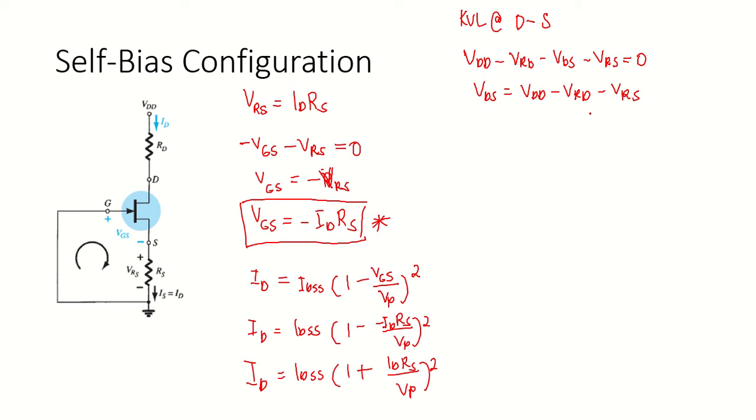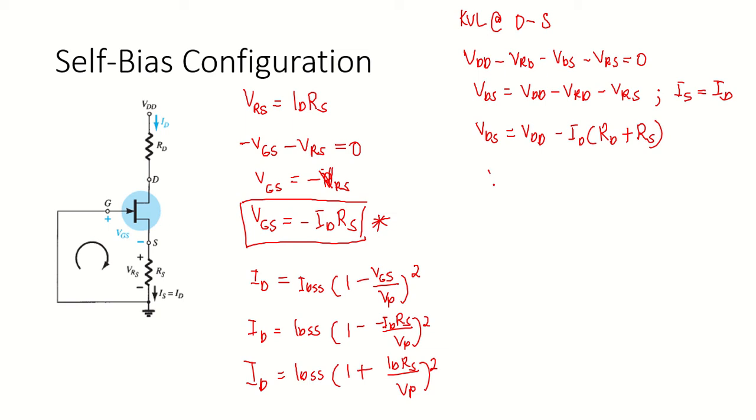The VDS can be further simplified with this equation, VDD minus ID times the value of RD plus RS, because we know that IS is equal to ID.